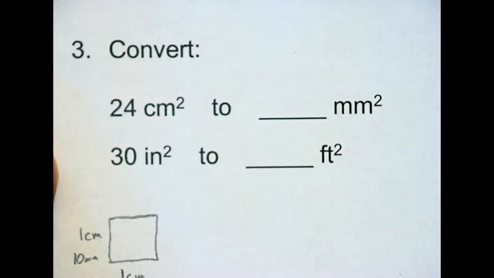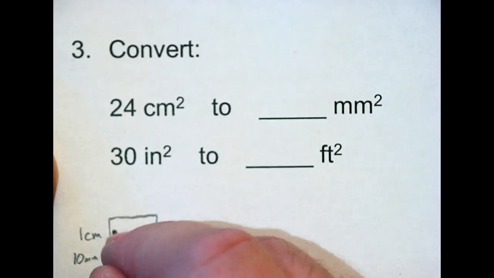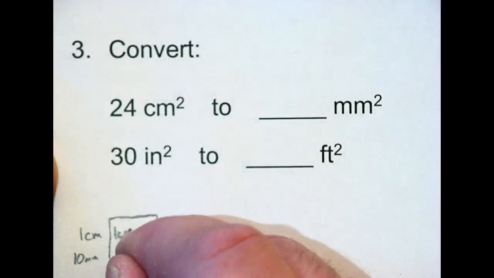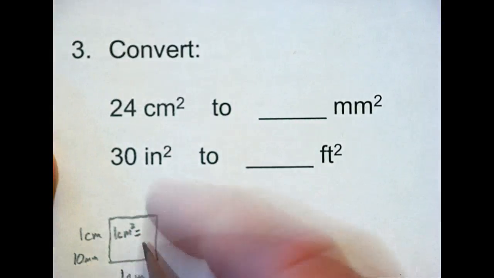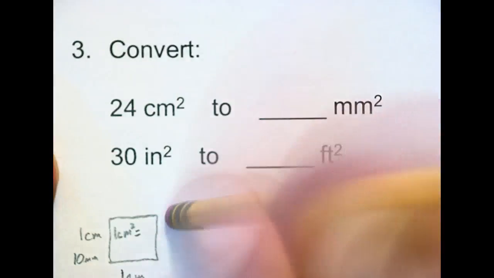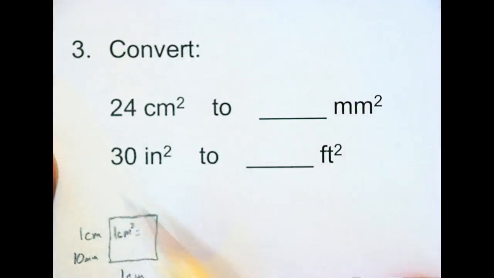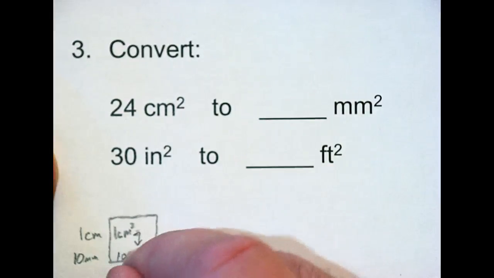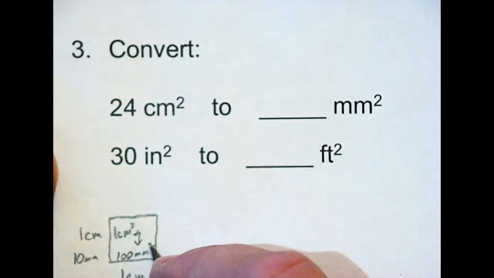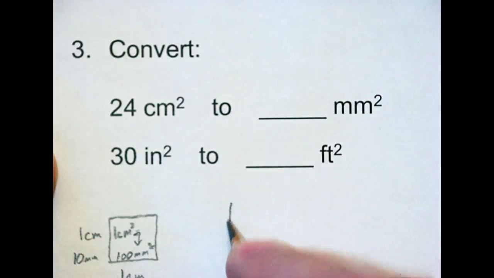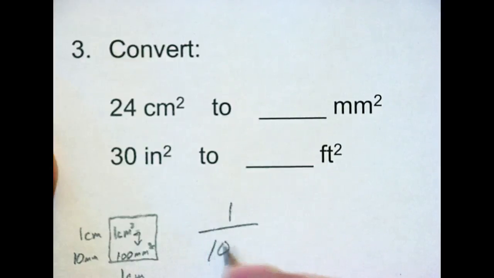So if I'm dealing with area, 1 square centimeter is equal to 10 times 10, or 100 square millimeters. So my ratio is 1 to 100. This is centimeter up here, and this is millimeter down here.